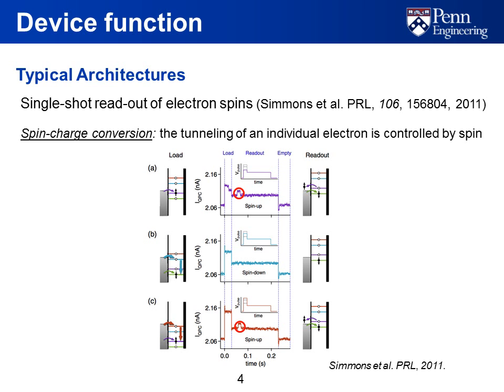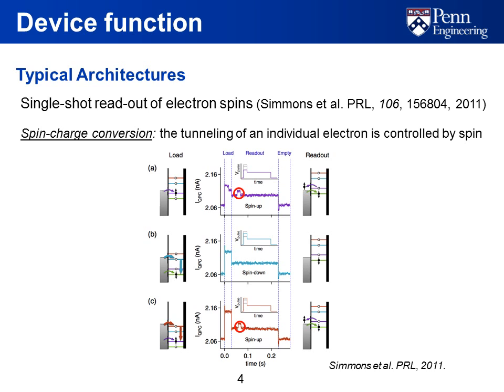It can be further illustrated in this figure. If a spin-up electron is loaded as shown in A or C, it will tunnel into the barrier during the readout and be replaced by a spin-down electron, which gives a readout current as shown here and here.